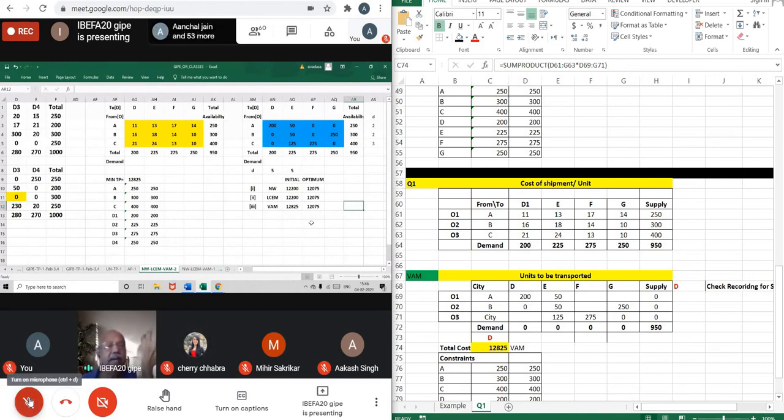Given problem is a balanced transportation problem, but instead of cost of shipment, profit per shipment is given. Same algorithm. Objective function should be maximum. Okay, next.